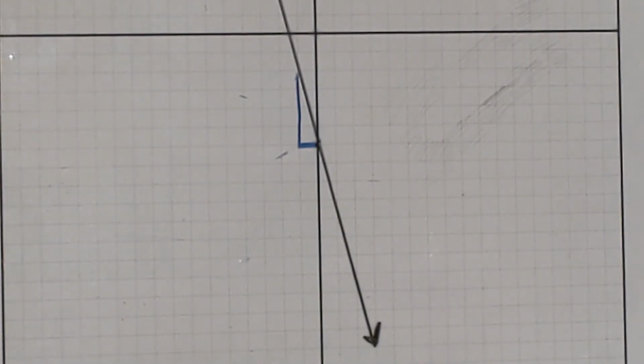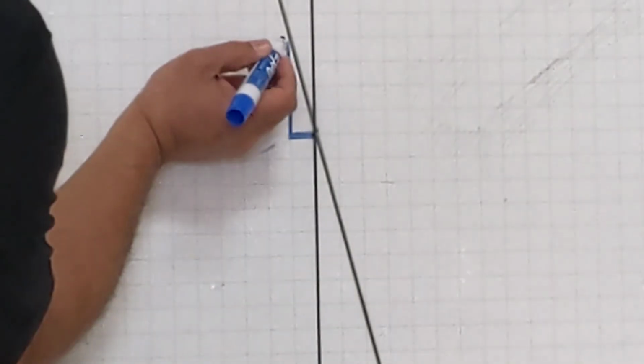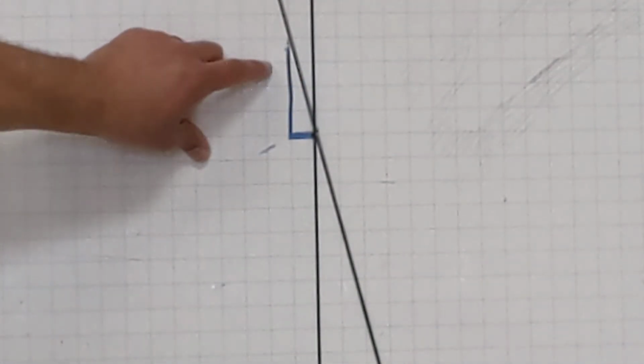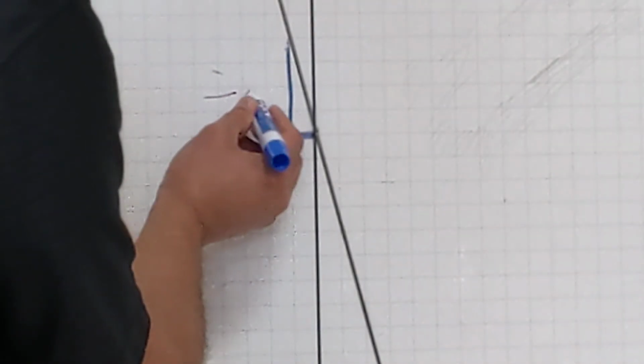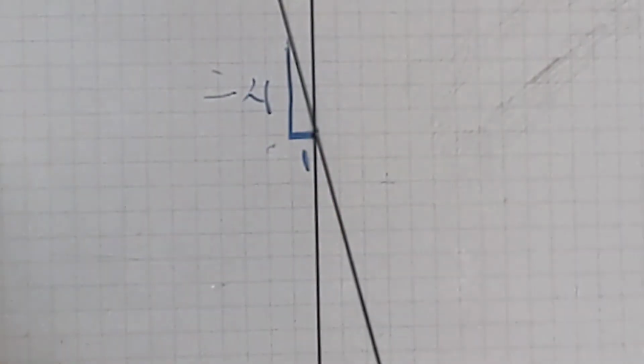So when I do that, I count 1, 2, 3, 4. So I went down 4, so that's going to be a -4 and over 1, okay?